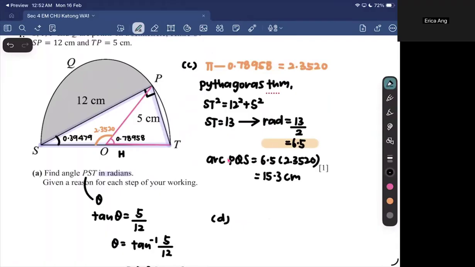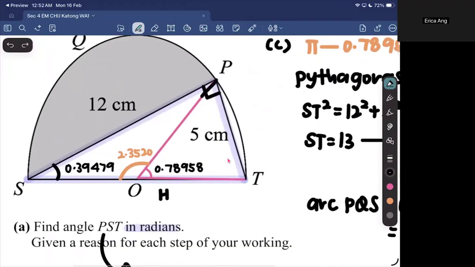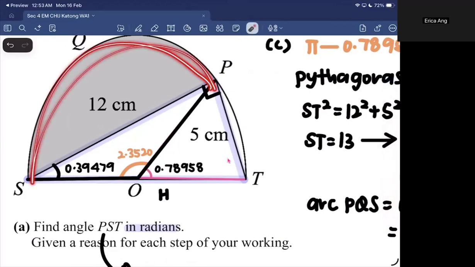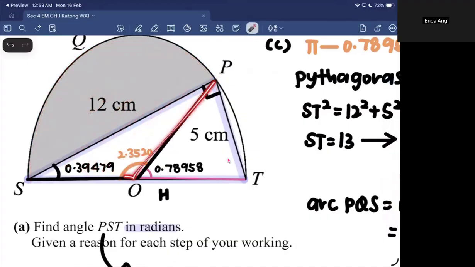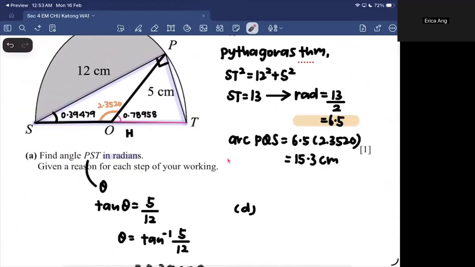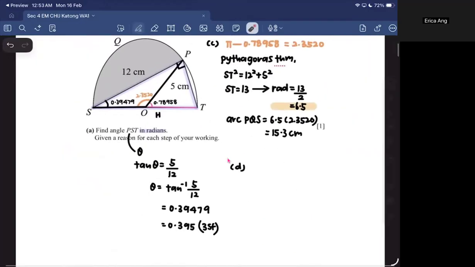This is part D, I realize the earlier one was part C. You don't need to worry about all the other parts. Use this and close it up like that. You find the half r square theta, then minus away your triangle, which is half AB sine C. So I just do one step.